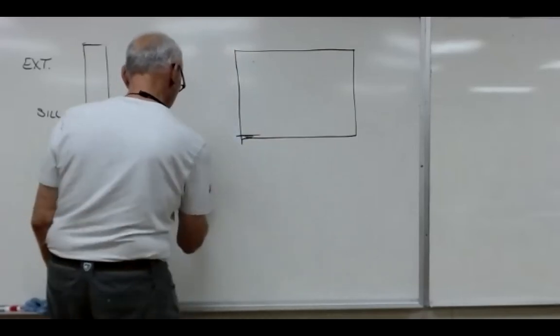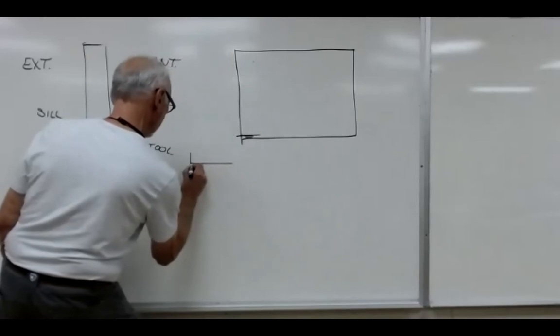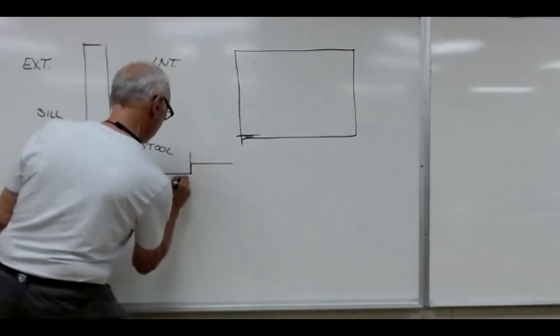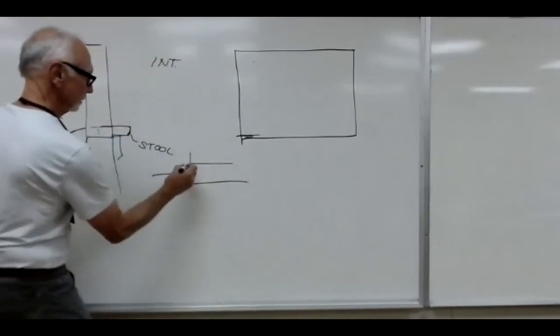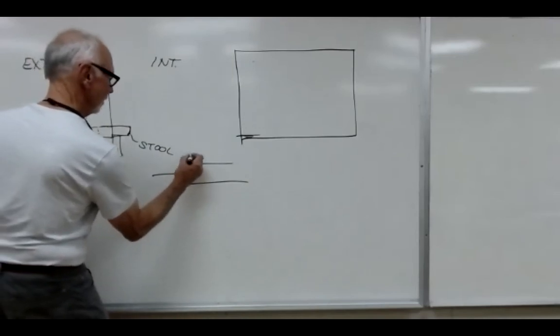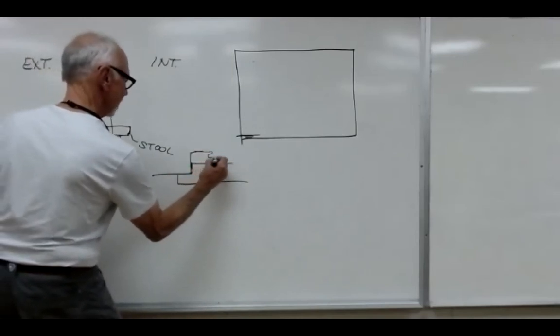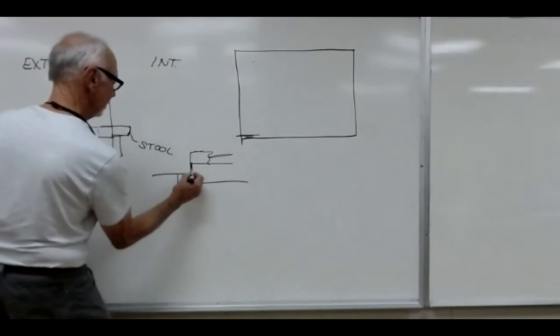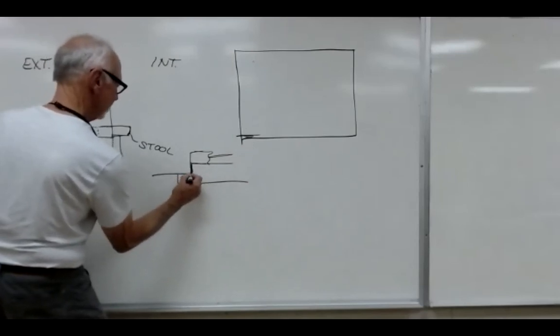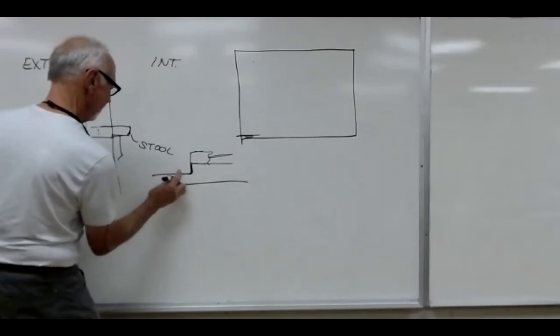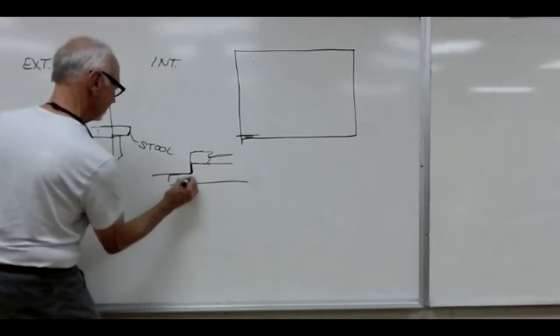This is the window frame. Your stool starts in here, and it has ears. So it goes into the window. This would be the window itself, the sash, the glass, right? It goes into the window on the bottom, and it ears out. And it ears out far enough to receive the casing as it drops down.